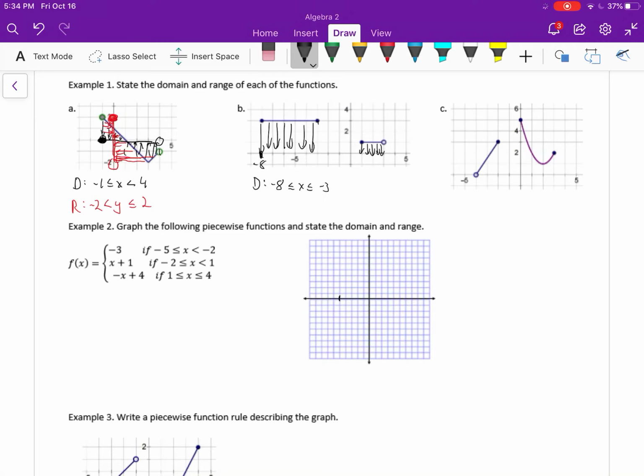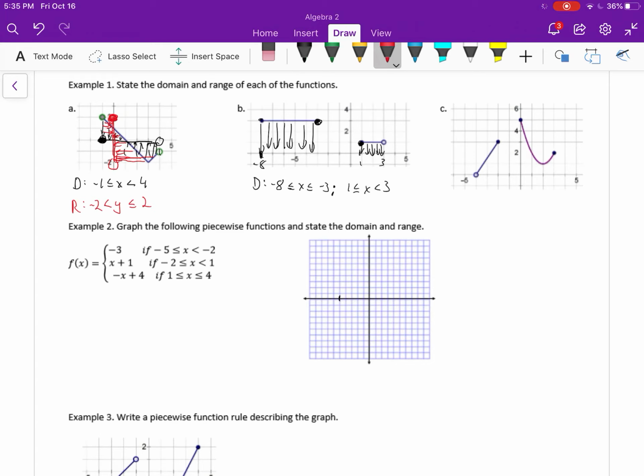And we use the or equal to part because these are filled in. And then we have to put a comma or maybe semicolons better, and we put in our next part. So this is from 1 to 3, and we want to include 1 because it's got the closed-in circle, so we do less than or equal to x, which is just less than 3. We don't put the or equal to because that's an open circle.